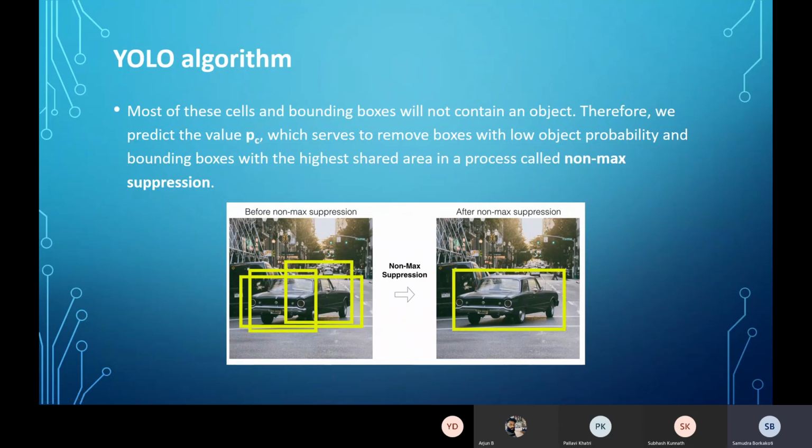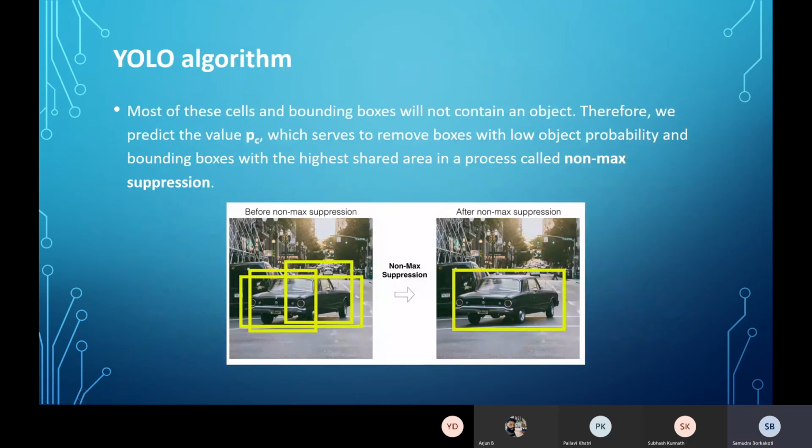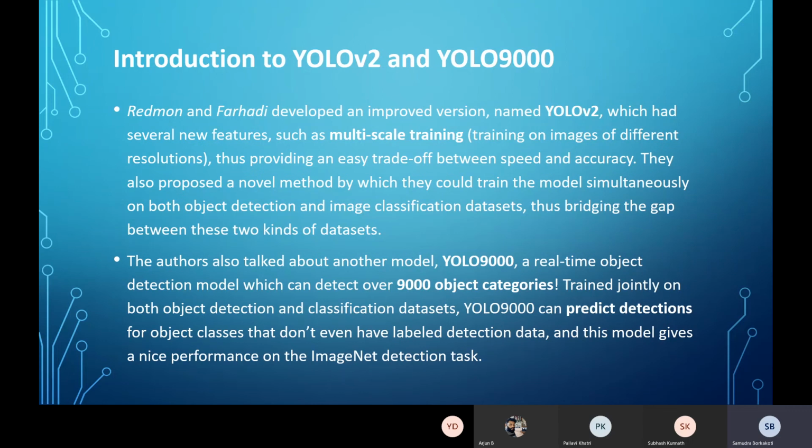Also, they use the IOU threshold, which is the intersection over union, to see if there are multiple objects within the same bounding boxes, so that they can identify, like, there's a person here. So this was the first model that they came up with in 2015.